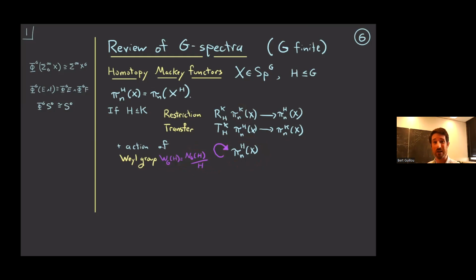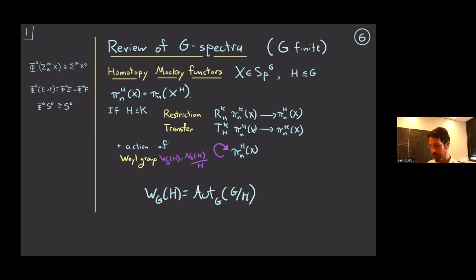So G mod H is not necessarily a group, but this is the next best approximation that actually does make sense as a group. It's also not totally random. The Weyl group is just the automorphism group, in the G-equivariant world, of the orbit G mod H. So it has a natural appearance there.